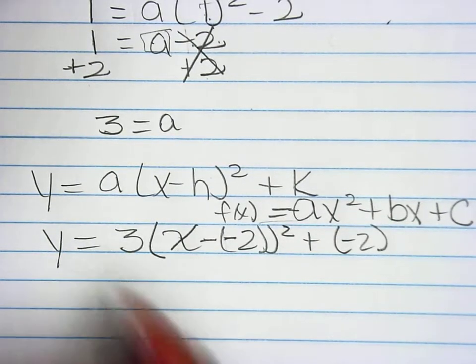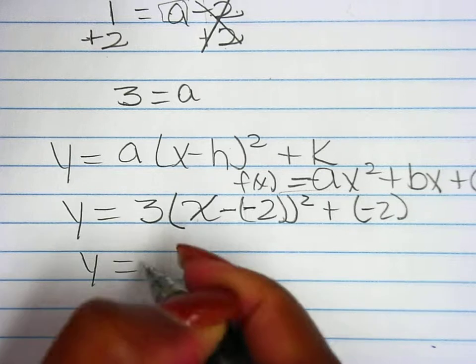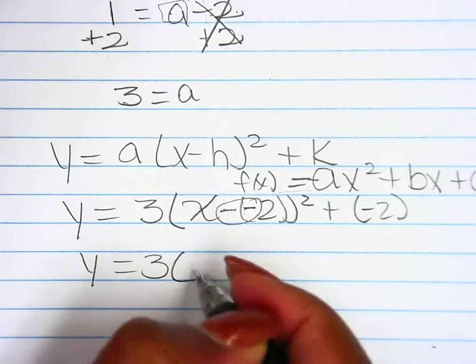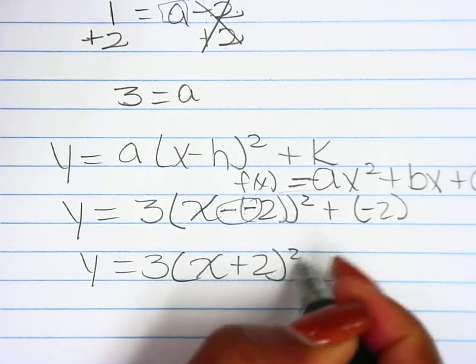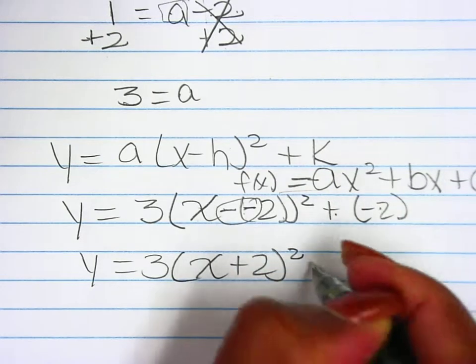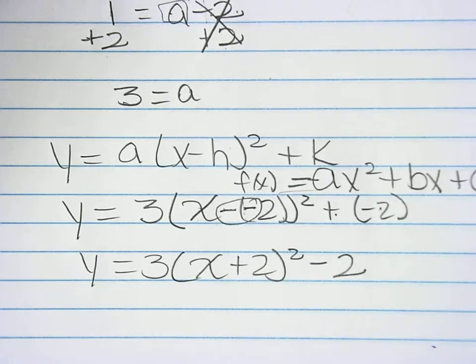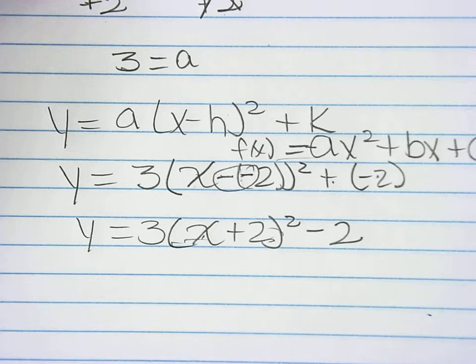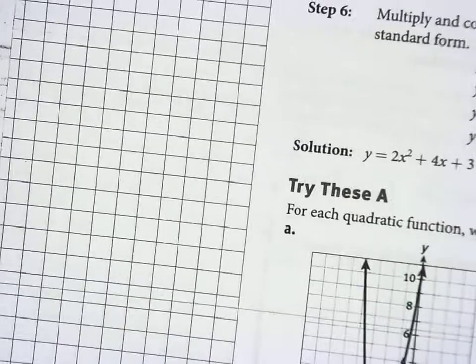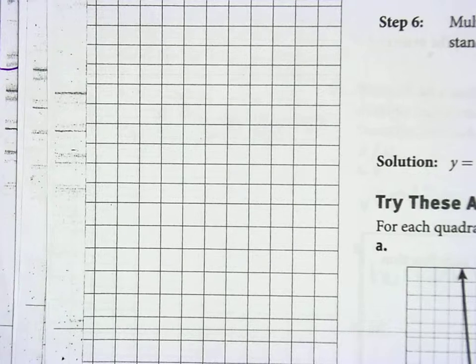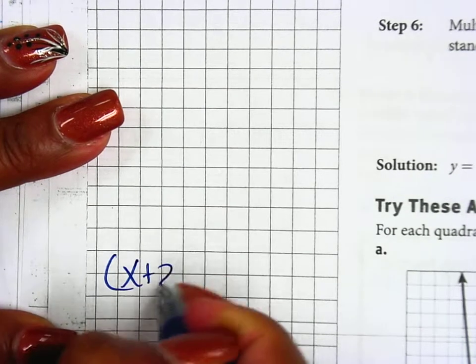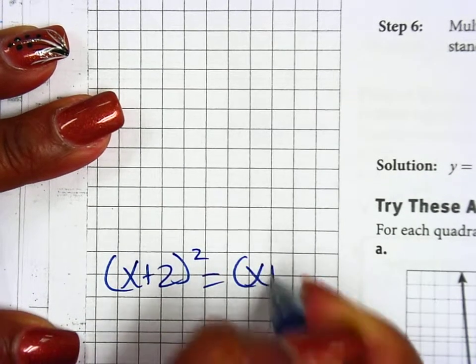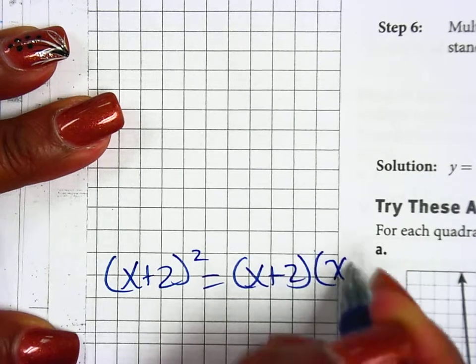So I just simplify. I have y equals 3 times, both of those are negative, so it becomes x plus 2 squared. Positive and negative is -2. Go ahead and multiply this. I'm going to go to the side and say x plus 2 squared equals x plus 2 times x plus 2.